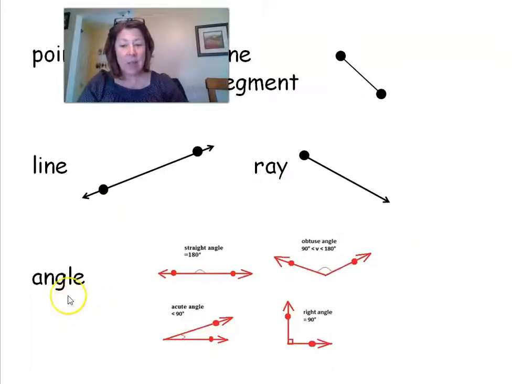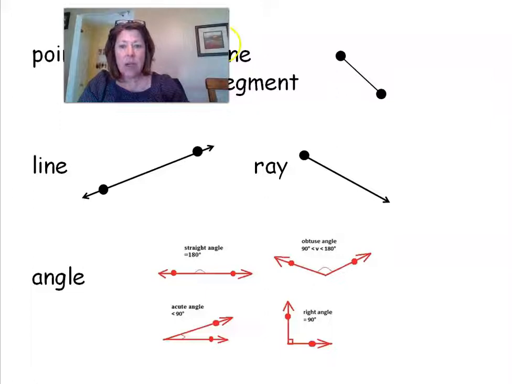And then the last thing we have here are angles. Okay? And you probably talked about angles in 3rd grade. And I have different kinds of angles, and we're not going to be talking about them right away, but through the course of this module, we will be. I have my straight angle, which is basically a line. And when we have an angle, what it's talking about is basically the arc.